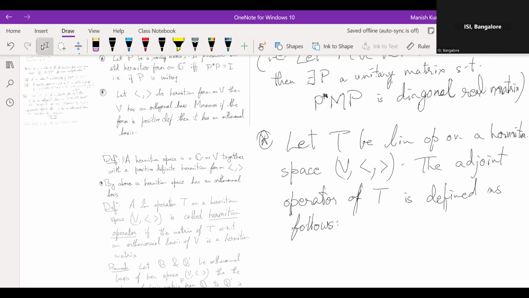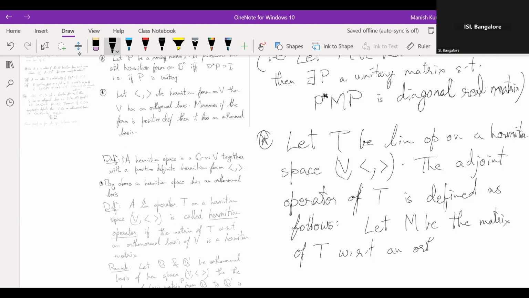Let M be the matrix of T with respect to an orthonormal basis.